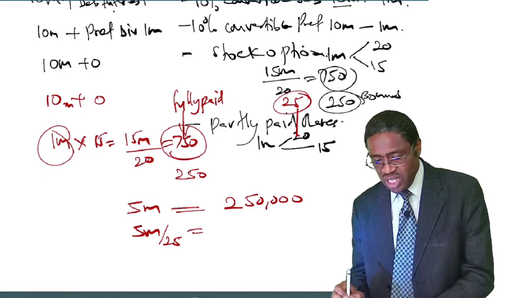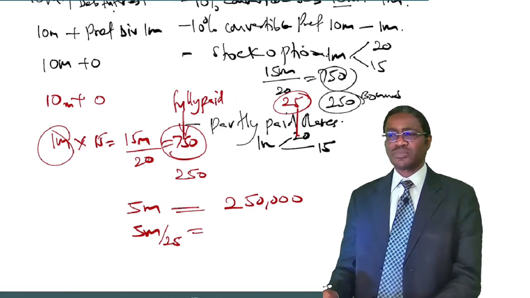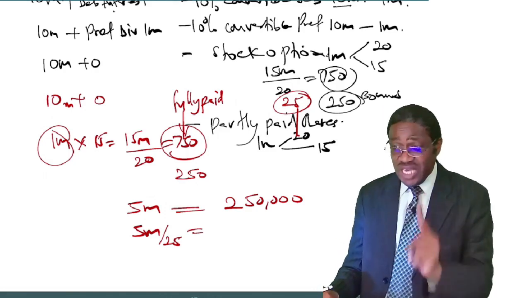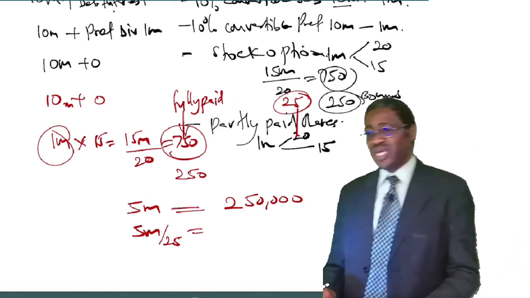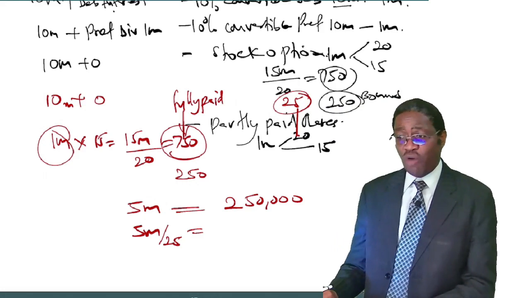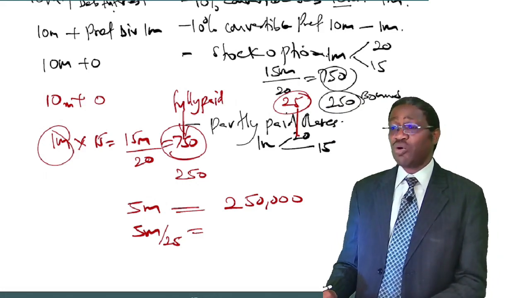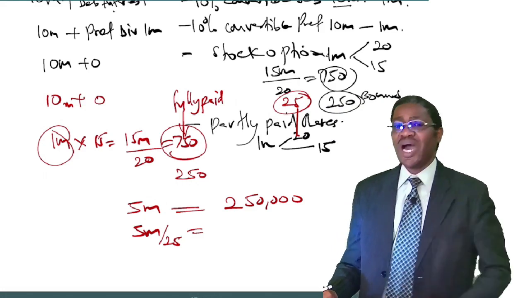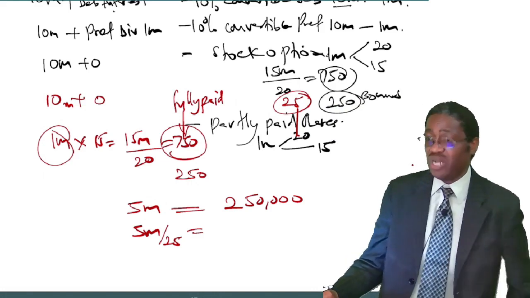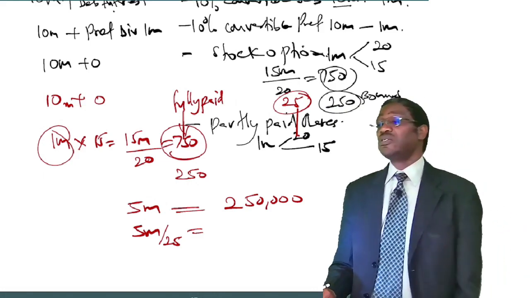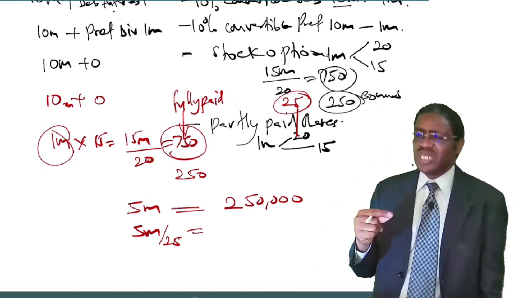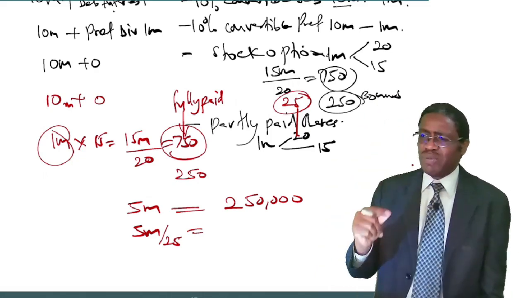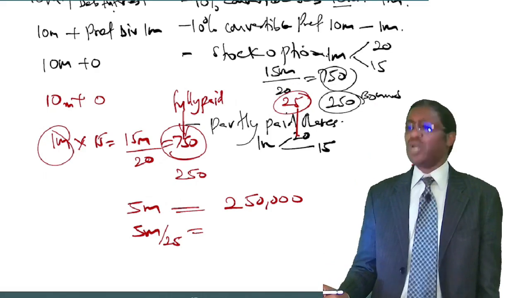We said their 5 million will be enough to buy how many? What if they bring in the 5 million at a time when the market price is no longer 20 but 25?